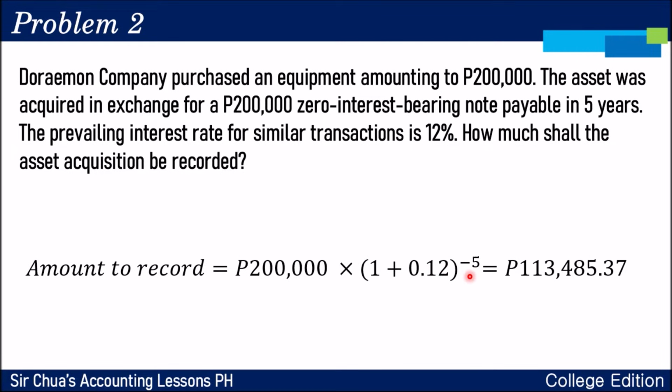Kung ano man pong lalabas na factor, multiply it by 200,000, and then the asset will be recorded at this amount, 113,485.37. Yan po ang ating acquisition cost in any case na tayo po ay nag-release ng non-interest bearing note. Okay, di ba easy lang yung ating mga acquisition problems?